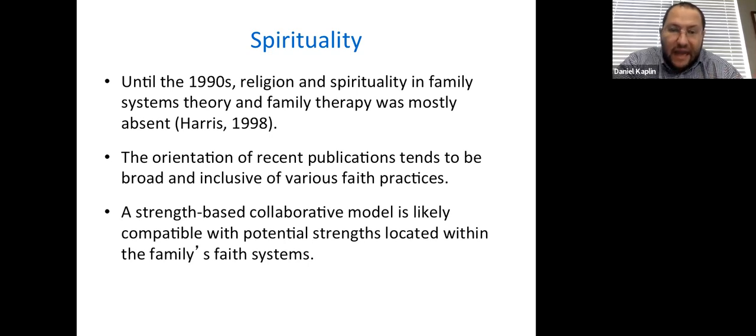So it's been put back, and we can use religion as a source of distress if there's a conflict between religion and practice, or, which is how I do it, I use religion as a source of potential strength in the family unit and how faith can be harnessed.